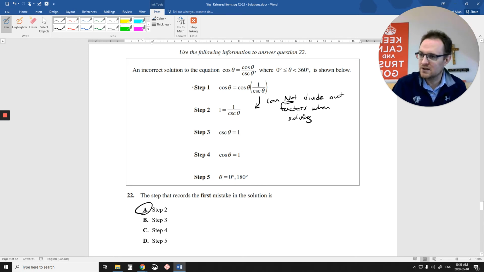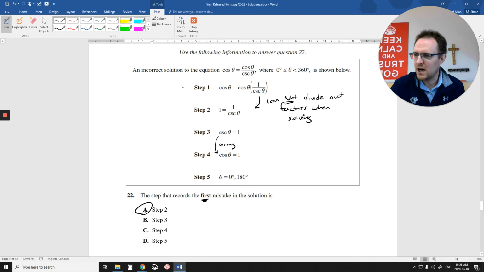Like if I were to solve this now, let's say I was going to try to solve this. Also another mistake here. But the first mistake he makes, cosecant is not cos. It's 1 over sine.